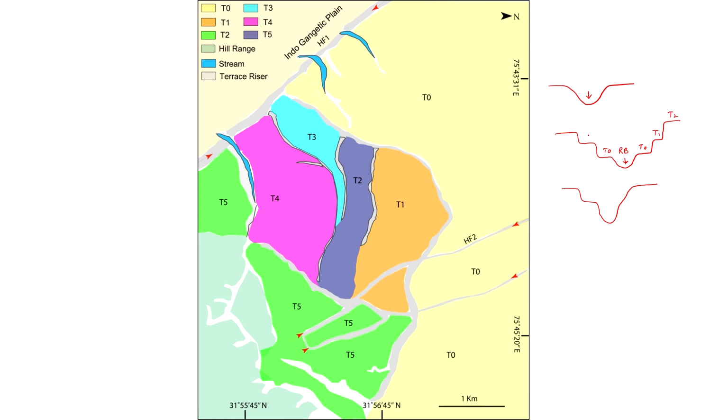As you move to the upper sections, those are the older ones. So this is exactly opposite of stratigraphy. Here this is T0, this is T1, and this will be T1 here. So these are unpaired terraces, and this is a paired terrace.